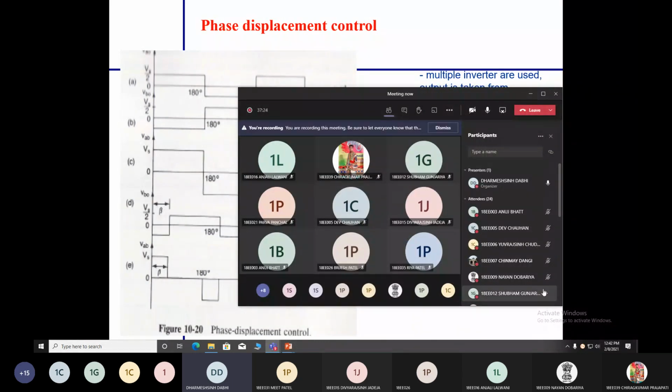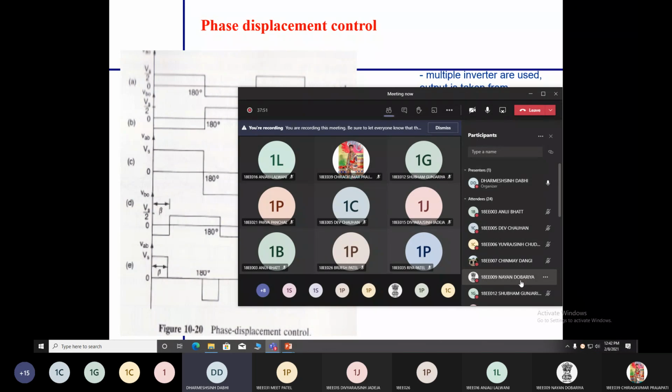No doubt, sir. Okay, 9 number. Yes, sir. Is there any doubt in all these PWM techniques? No, sir.